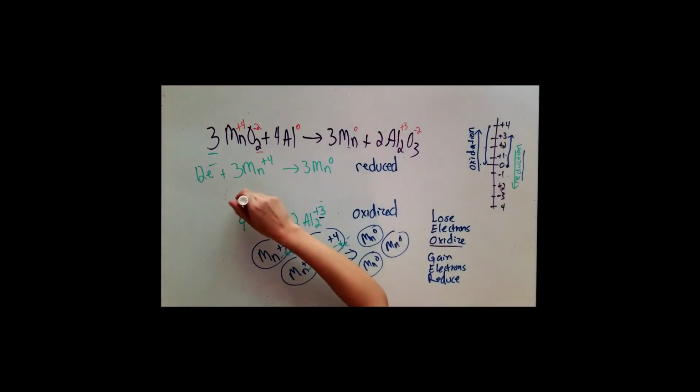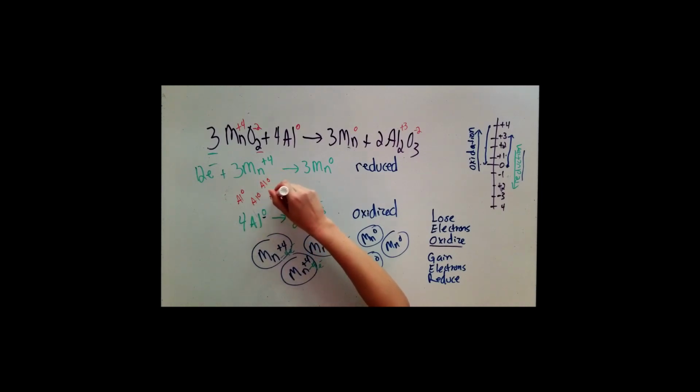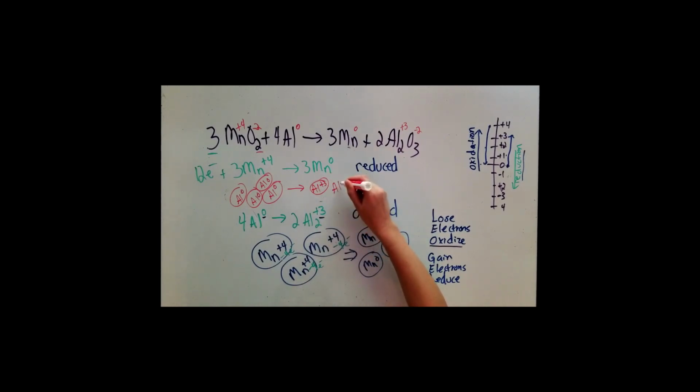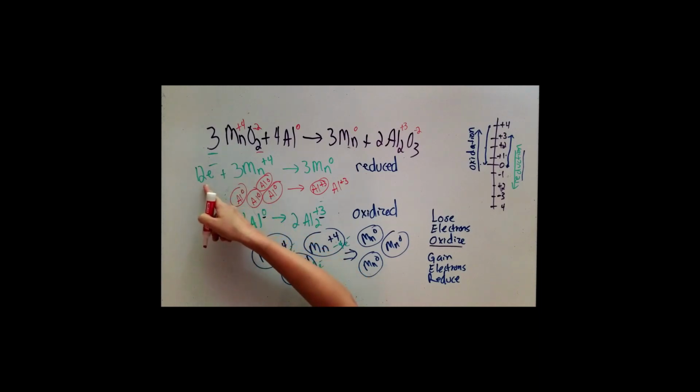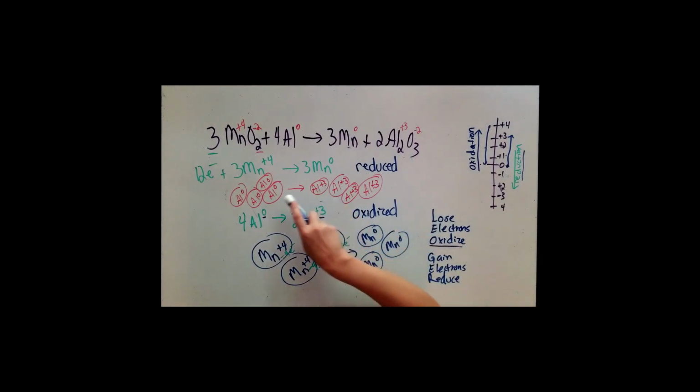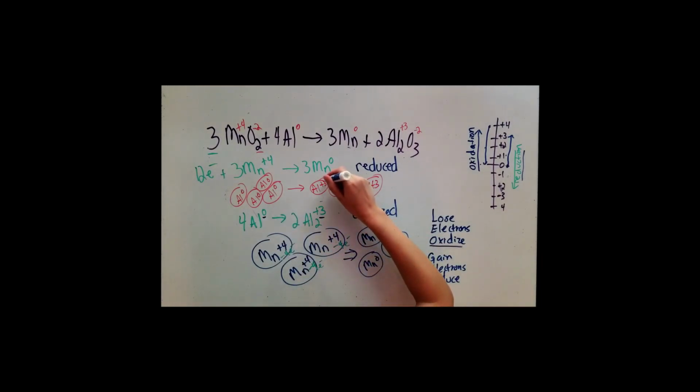So let's do my aluminum atoms. So I have 4 aluminums at 0. But the aluminums are going from 0 to 3. Okay, well, how many electrons do I need here? It should be the same, because if the manganese are gaining 12, they're getting them from the aluminum. So aluminum has to have 12 to give. All right, so if I want to go from a +3 to a 0, how many electrons do I need? 3.